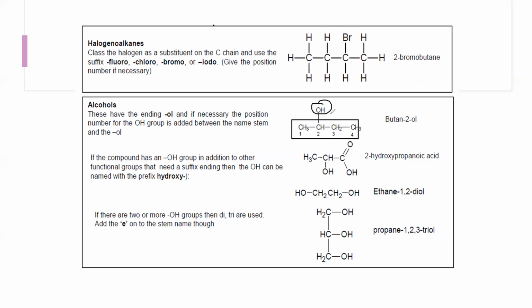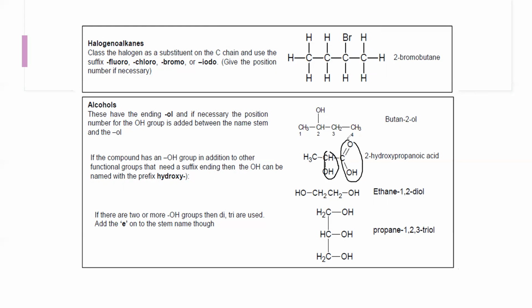So second position we have OH. 4 carbon atoms are there, it's but. They have a single bond, that's why it is an. Due to this OH group, it is butanol. But the position of OH is also important, so it is at the second position, that's why it is butan-2-ol.